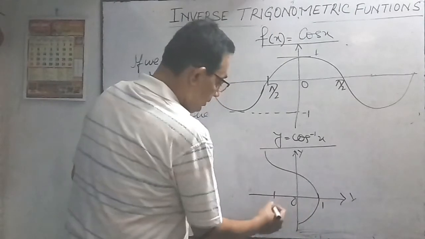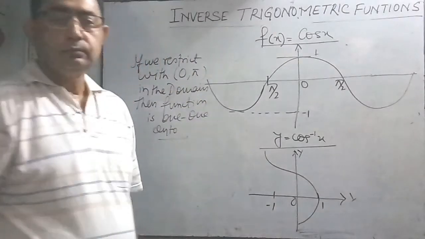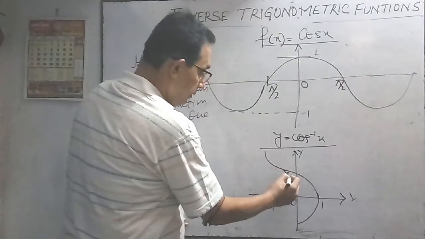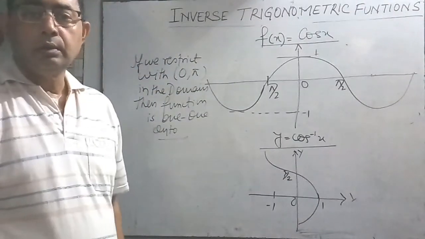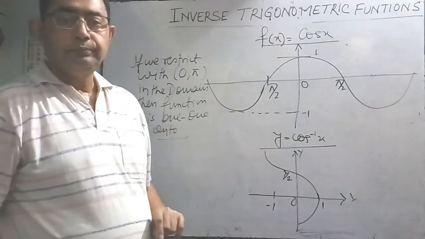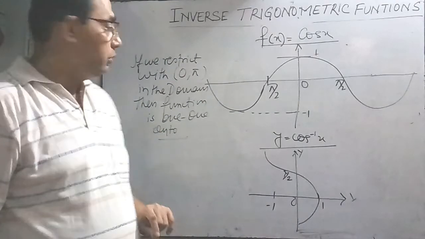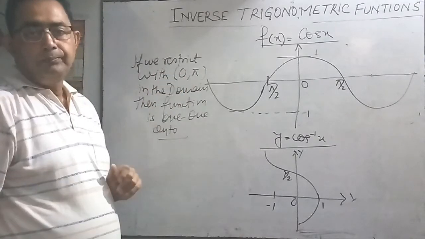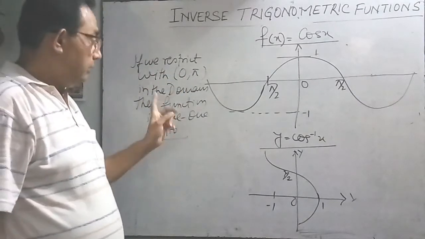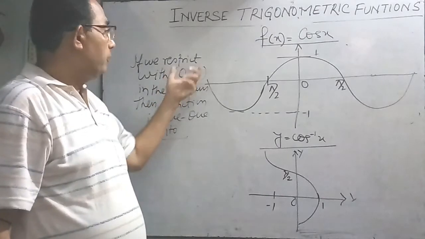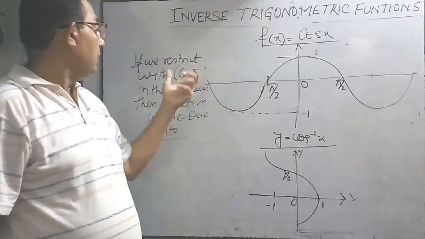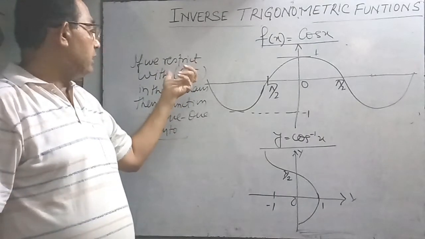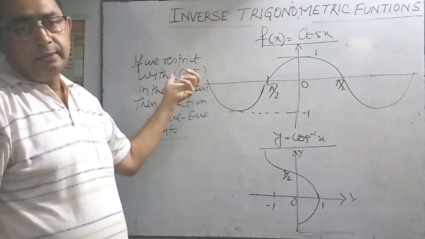It is 1. It is here minus 1. It is pi by 2. This is cos. Understood? That means you have to restrict the domain with 0 to pi. Range of the cos inverse function is 0 to pi.